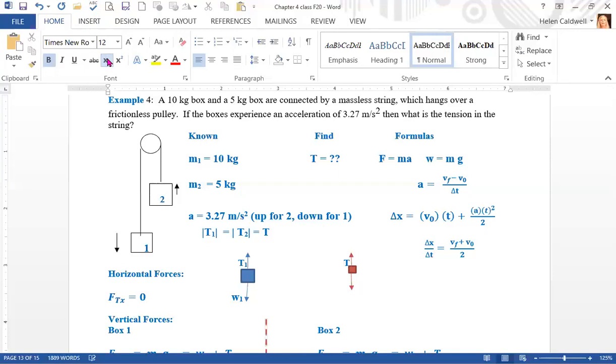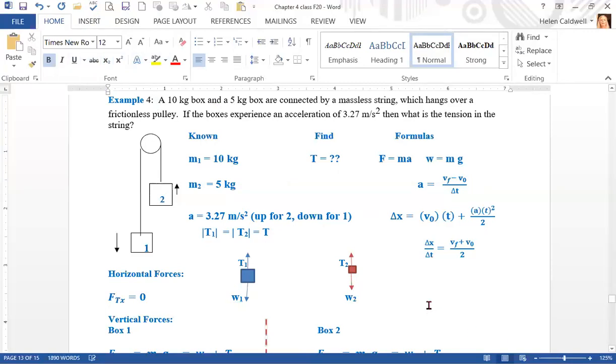That is going to be T2. And down here, this will be W2.